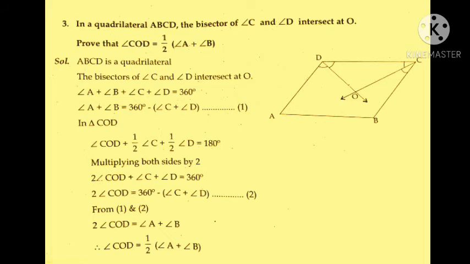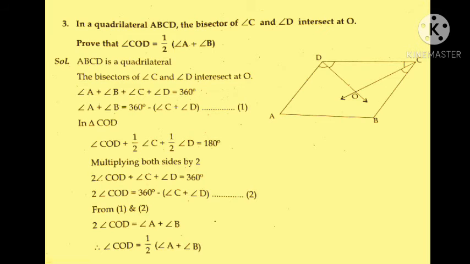In triangle COD, angle COD plus half of angle C plus half of angle D is equal to 180 degrees, since angle sum property of a triangle. Next step, multiplying both sides by 2. That implies 2 into angle COD plus 2 into one-half angle C plus 2 into one-half angle D is equal to 2 into 180, which is 360 degrees.